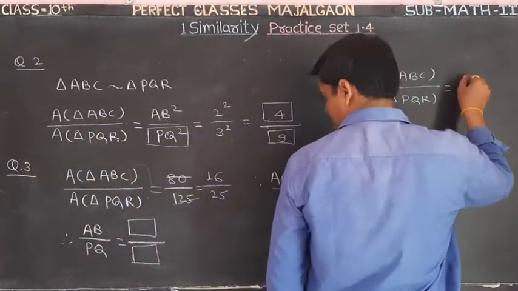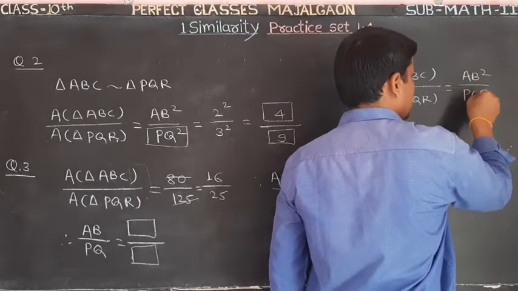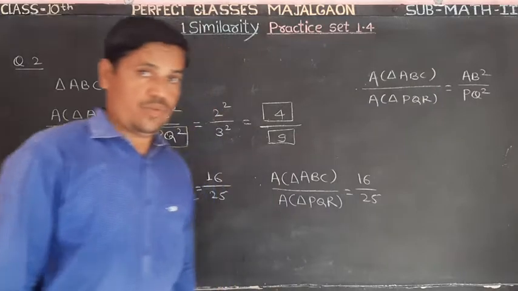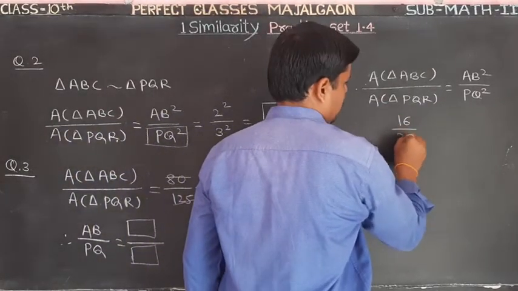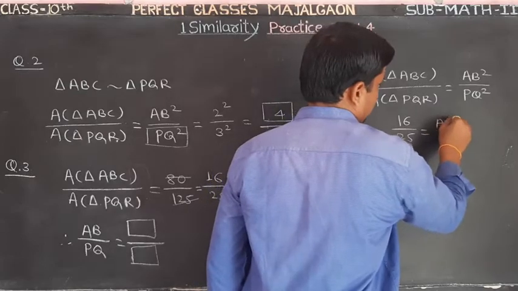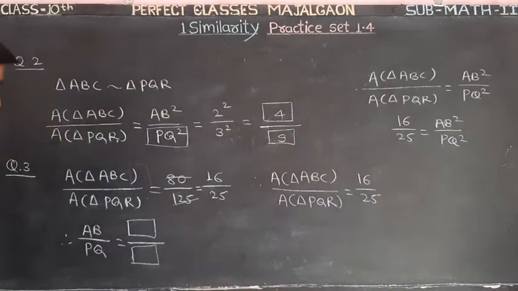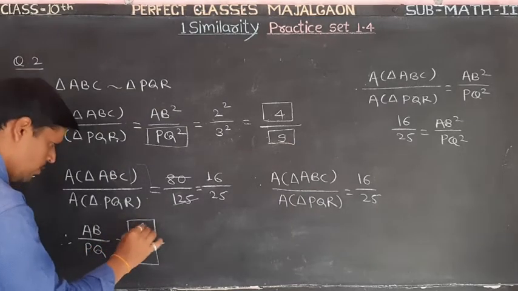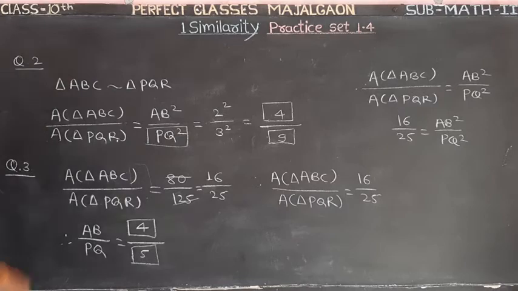We need to find AB upon PQ, so we write AB square upon PQ square. Now we substitute the values: 16 upon 25 equals AB square upon PQ square. Taking square roots, the square root of 16 is 4 and the square root of 25 is 5.